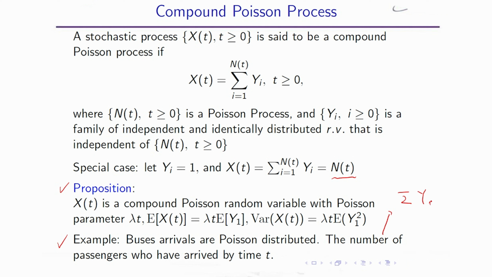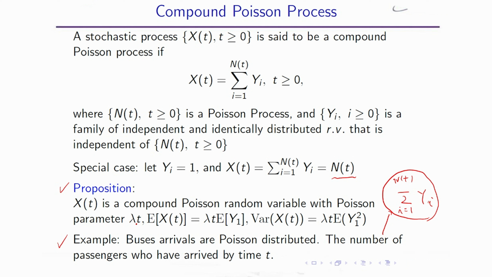So Y_i represents the number of passengers in the i-th bus, and the bus index goes from 1 to N(t), because bus arrival can be a Poisson random variable. So in total that would represent the total number of passengers that arrive by time t, and that would be a compound Poisson random variable.